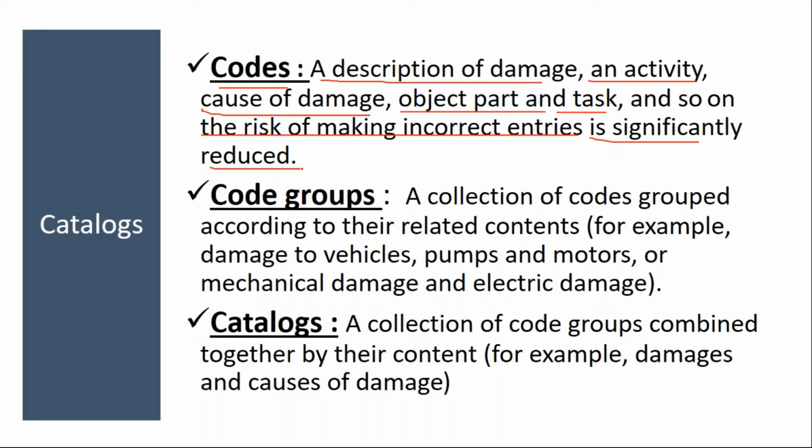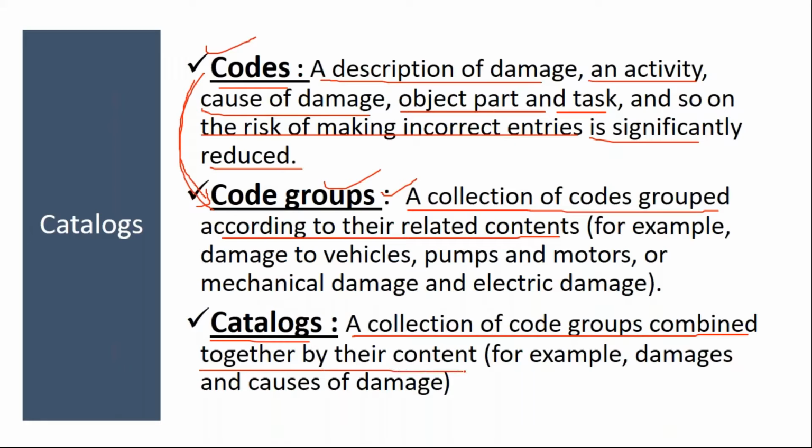So the user cannot enter whatever he wants. Now these codes are clubbed into code groups, a collection of codes grouped according to their related contents. So code groups will contain codes. Catalogs are a collection of code groups combined together by their content, like damage, cause of damage. So these are called catalogs.